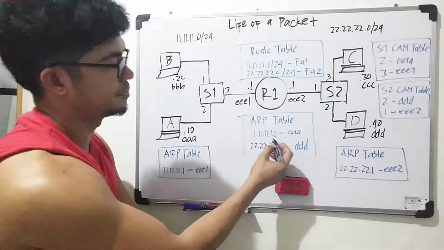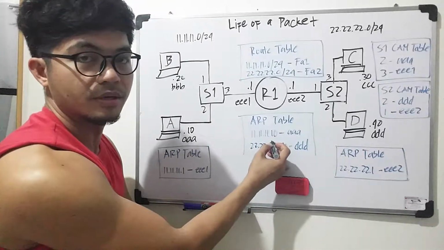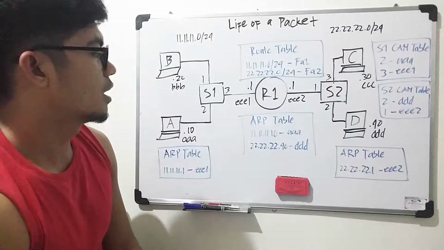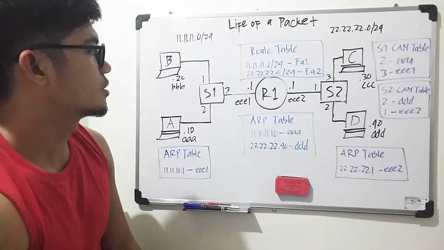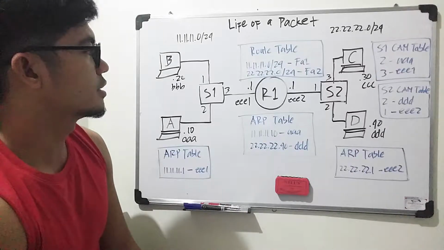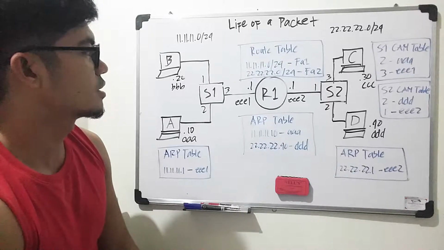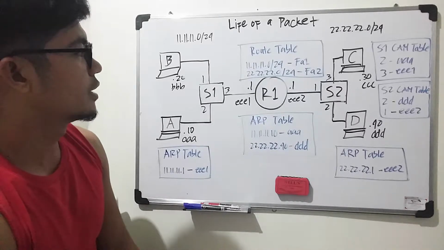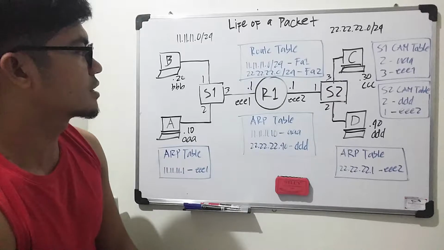It's just the mapping of the IP address and the MAC address. Then router 1 is going to reply to the ARP request, and it's just going to be unicast.